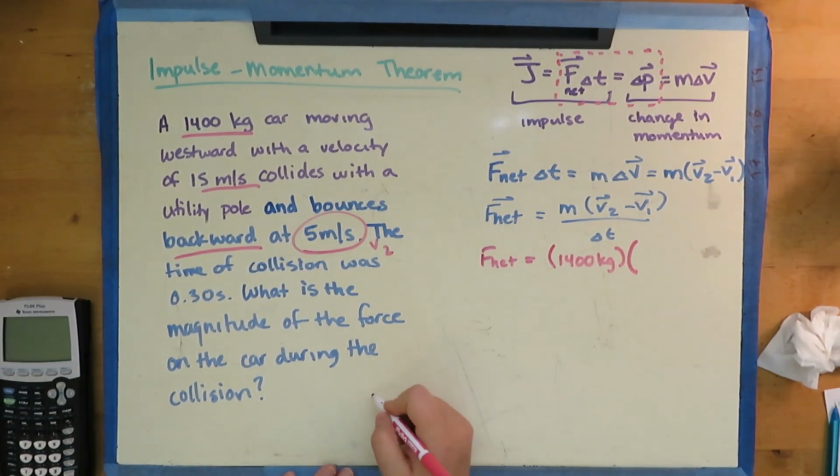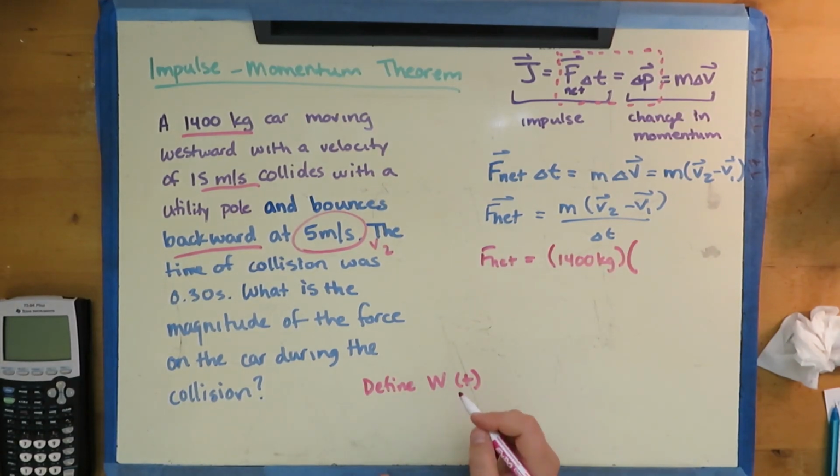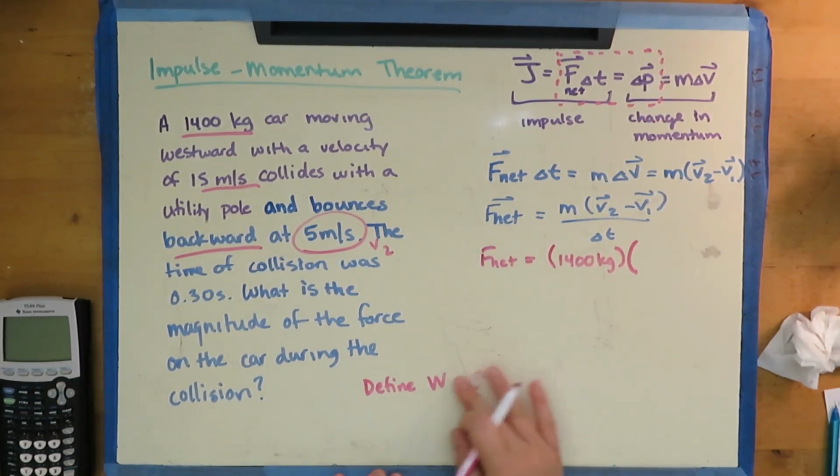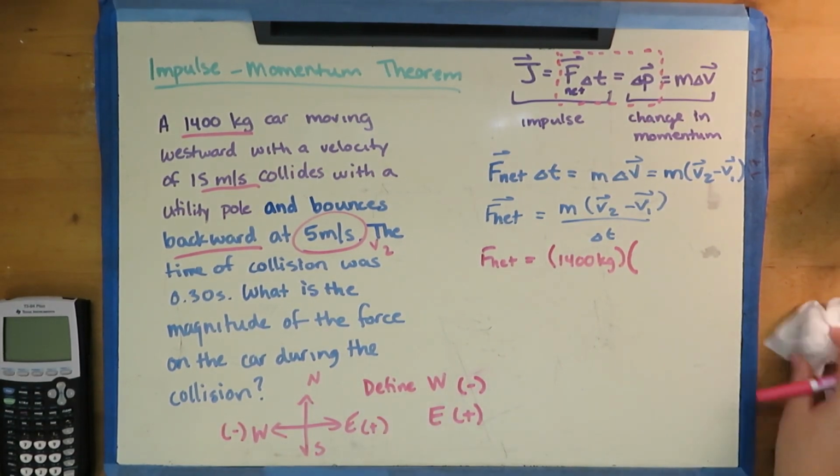So what I'm going to essentially do is define west as negative and east as positive. So basically, we're setting up a coordinate system here. We have north, south, east, and west, where west is going to be negative and east is going to be positive.